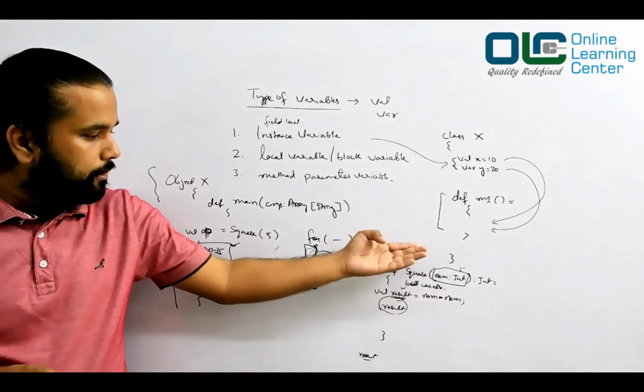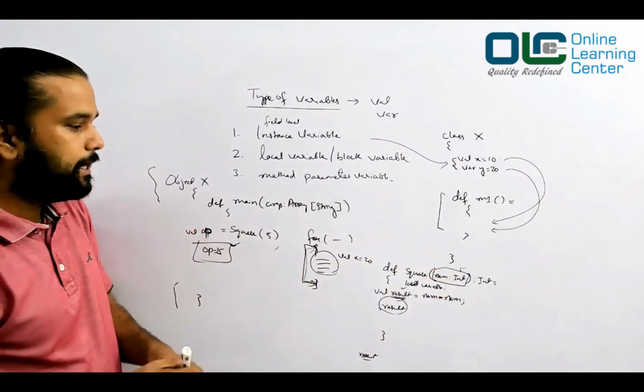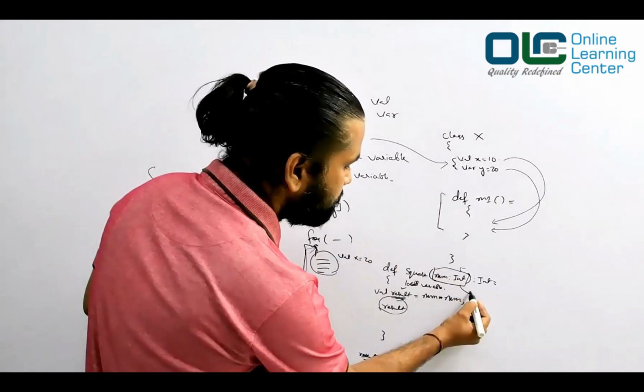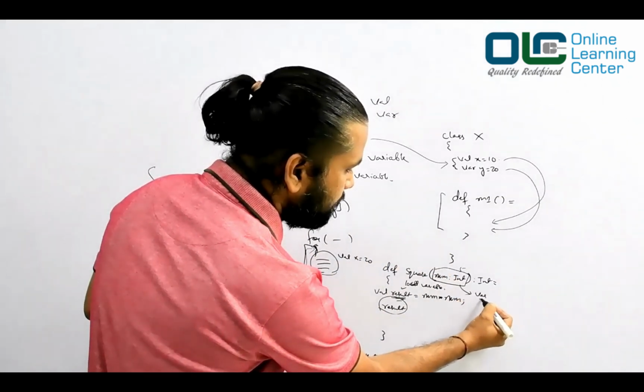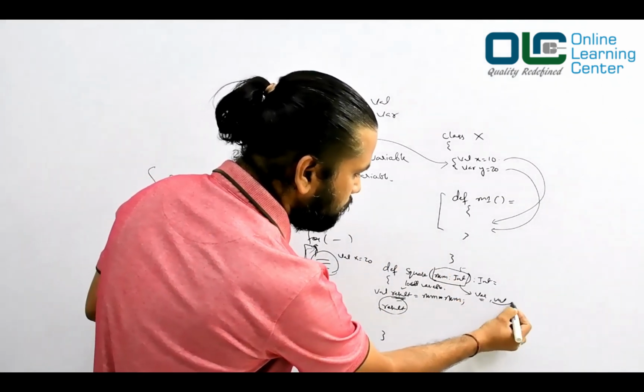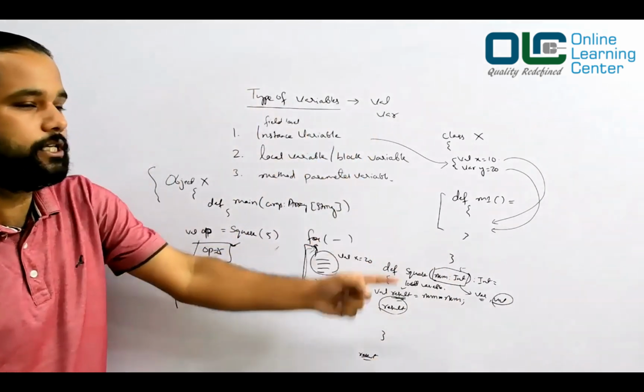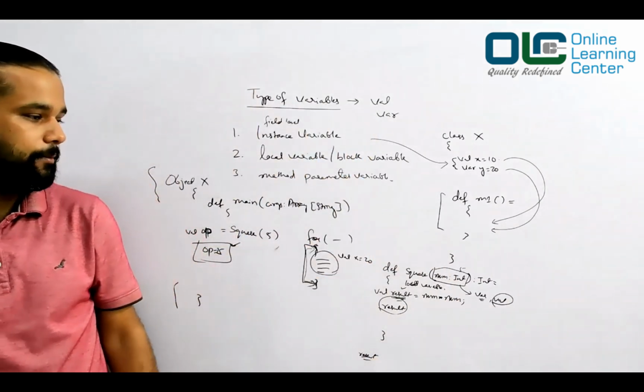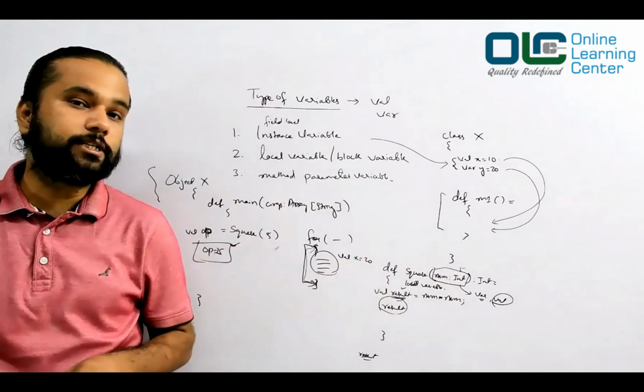Now these variables cannot be a var. It is always val by default. You cannot change it to var, because that's how Scala is designed.